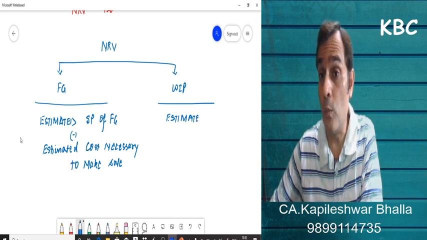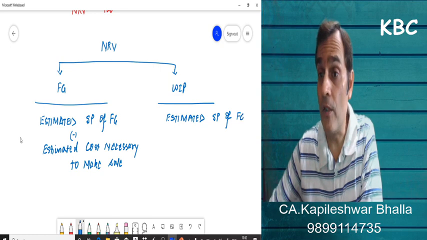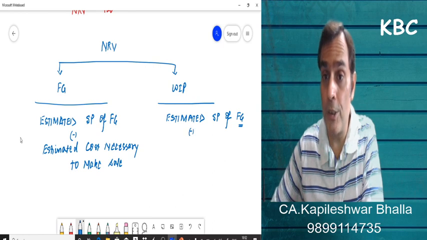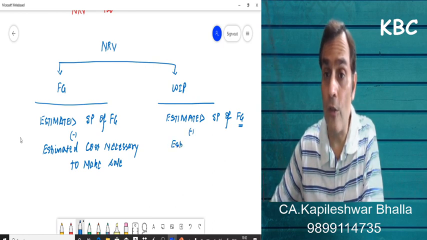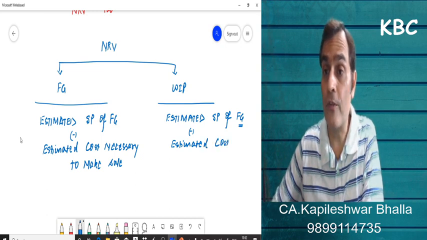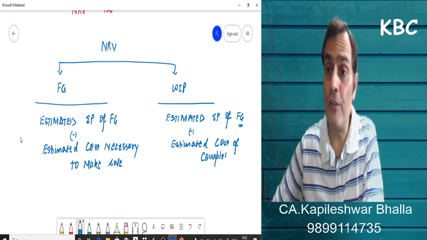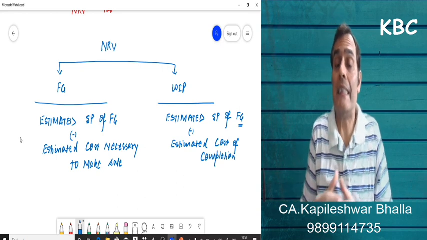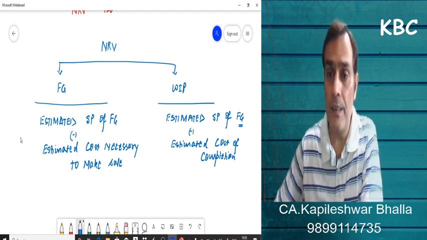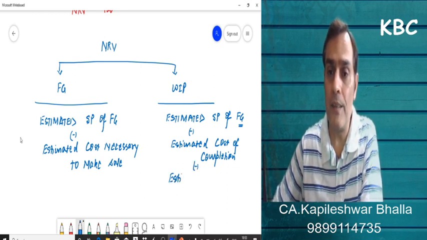Let me make it very clear: this is again the selling price of the finished goods itself, not the WIP, remember. Because from this, we're going to make a reduction in terms of the estimated cost of completion. That means converting the WIP into finished goods. So whatever cost is incurred in converting the WIP into finished goods, and then finally, we would also reduce the estimated cost necessary to make the sale.